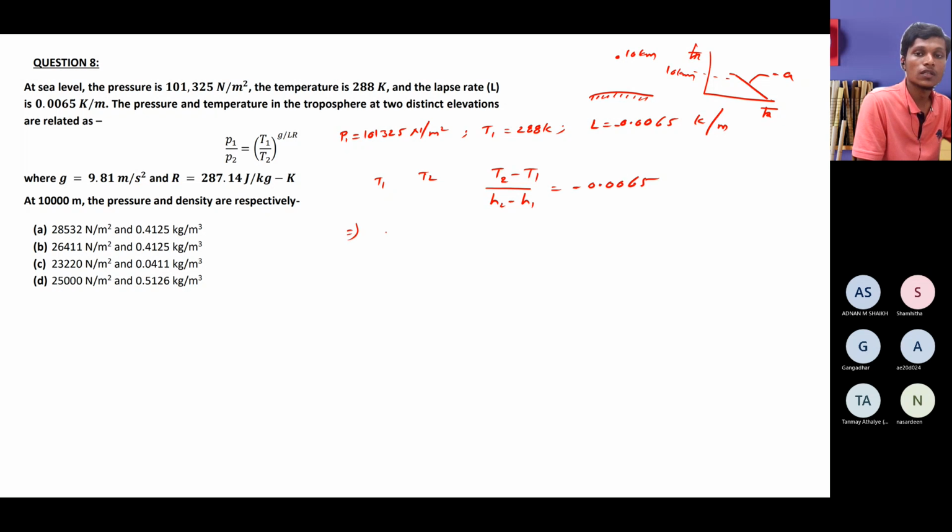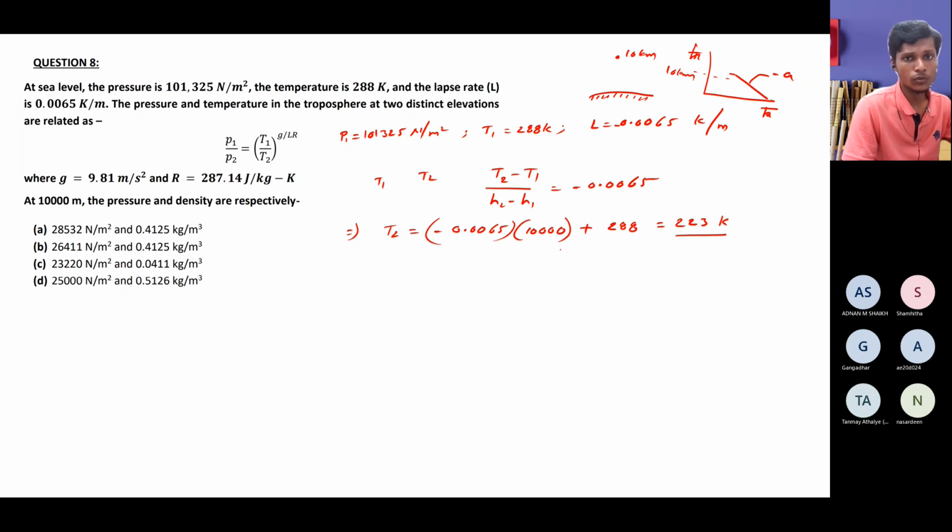Substituting everything in meters and Kelvin, T2 equals minus 0.0065 times 10,000, because the altitude difference H2 minus H1 is 10,000 meters, plus T1, which is 288 Kelvin. If you simplify this, you get T2 equals 223 Kelvin.